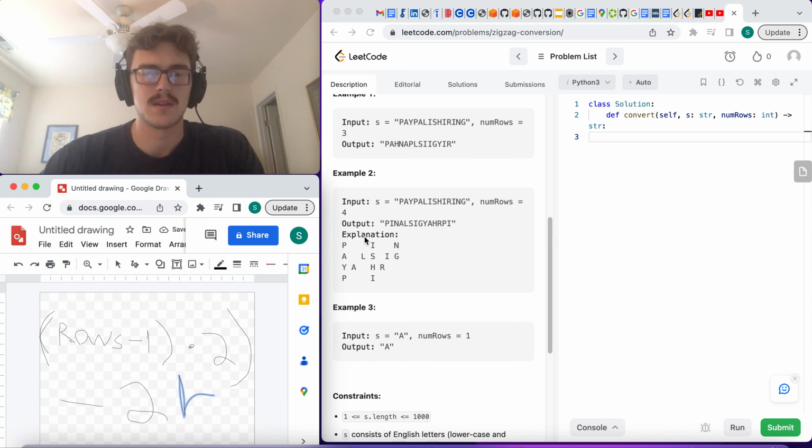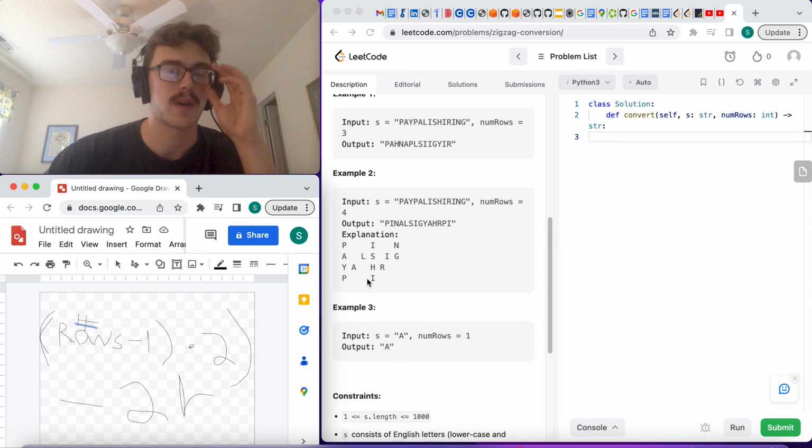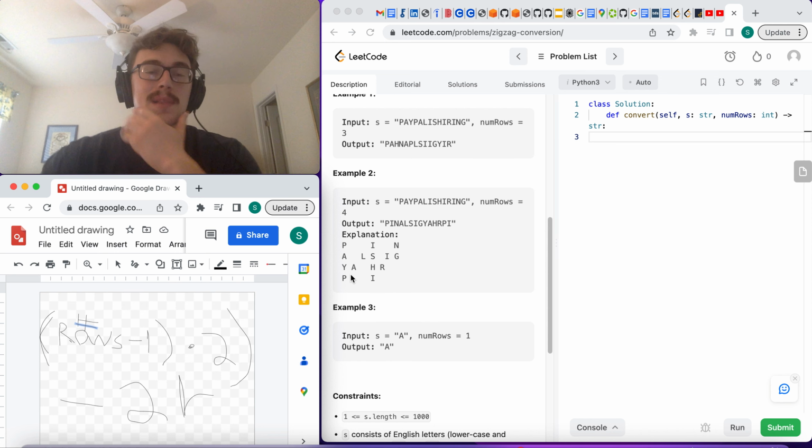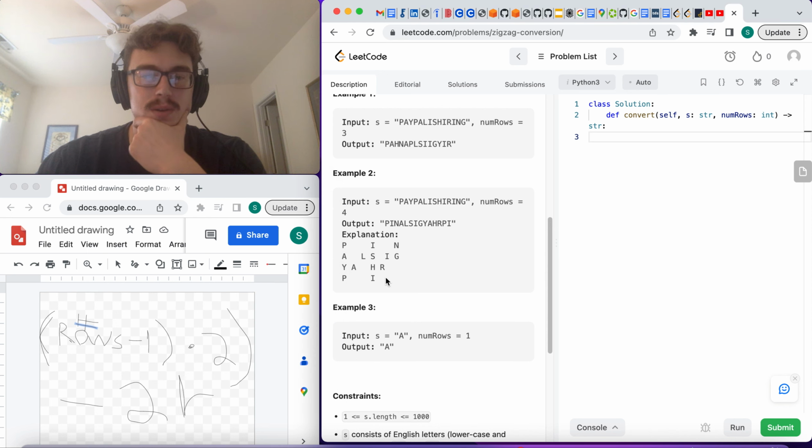And this is the number of rows, and R is a specific index row that we're on. So this is, you know, row 0, row 1, row 2, row 3. Okay, but this only applies if we're in one of the middle rows. If we're on the first row or the last row, this doesn't apply. We take out the minus 2R part.